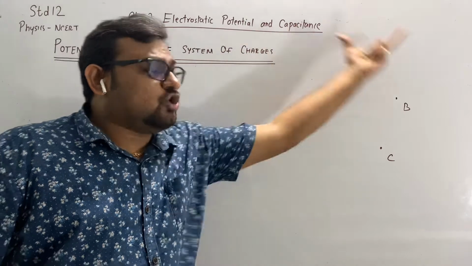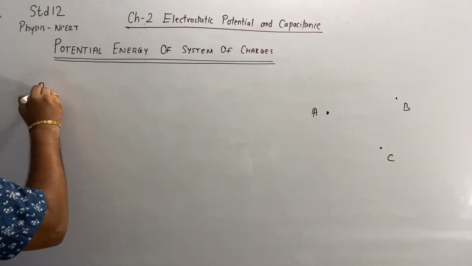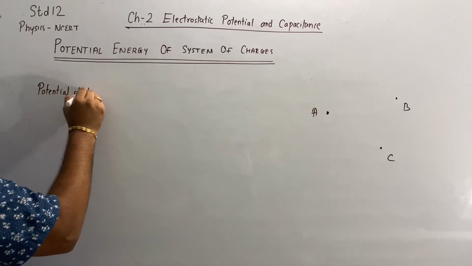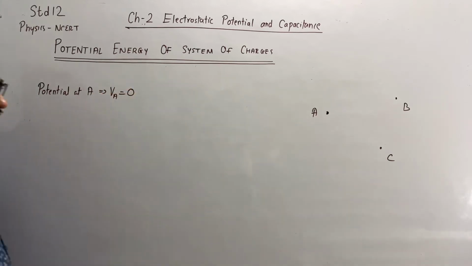As there are no charges, the potential at A is zero. VA is equal to 0.